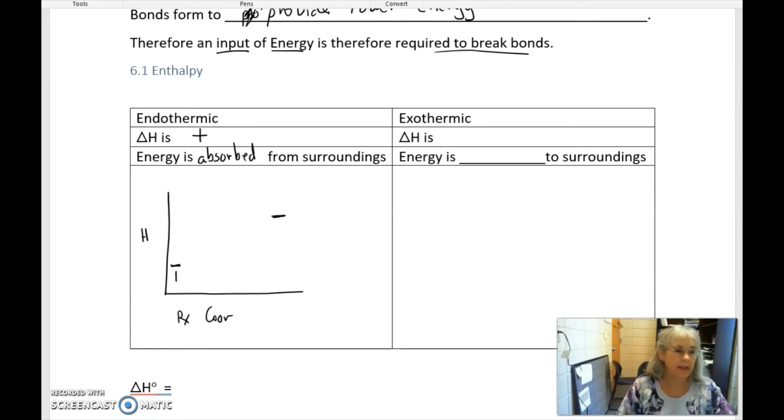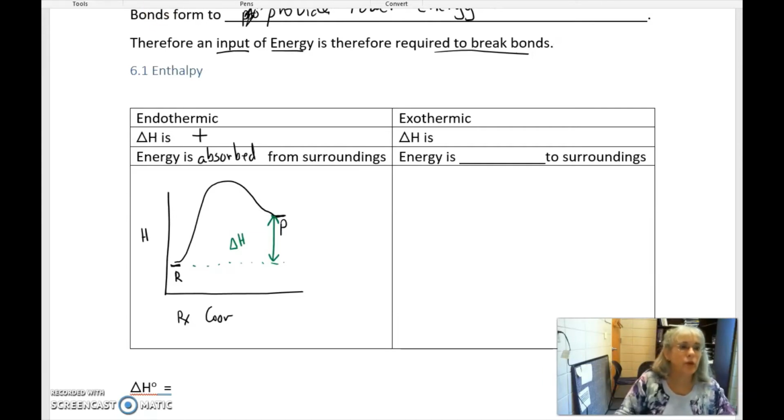So this is our reactants and this is our products, and the energy reaction curve looks somewhere like this, and our delta H is this distance here, the difference in the energy of the reactants and the products.